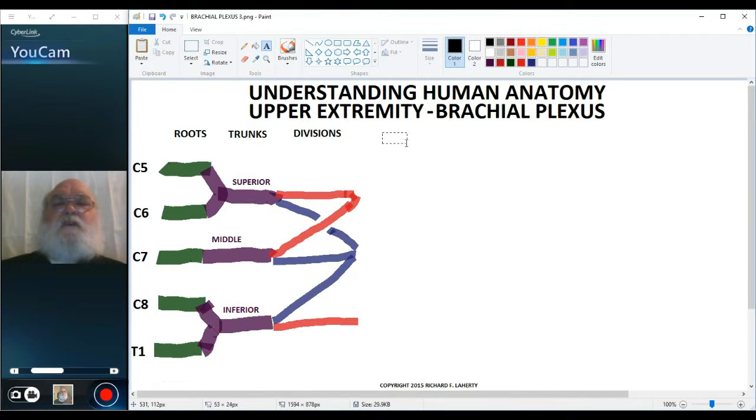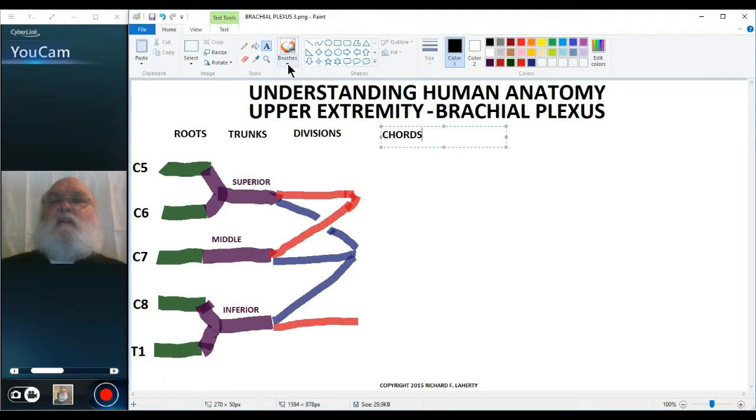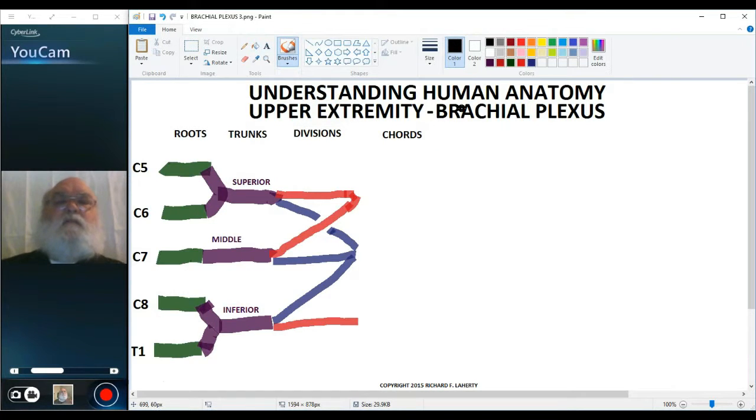Then the divisions recombine to form chords. The anterior divisions of the superior and middle trunks come together to form the lateral cord.